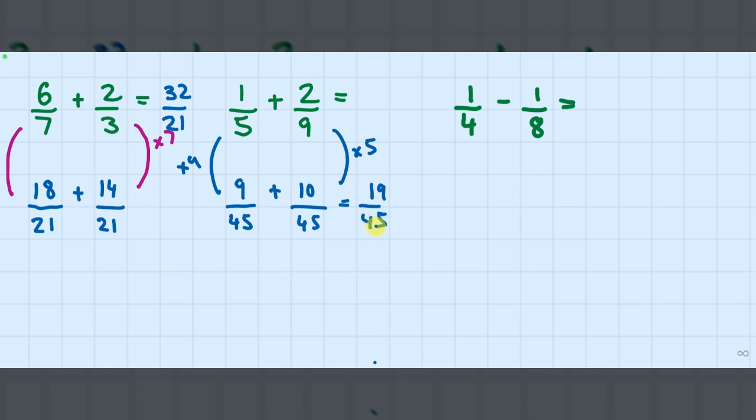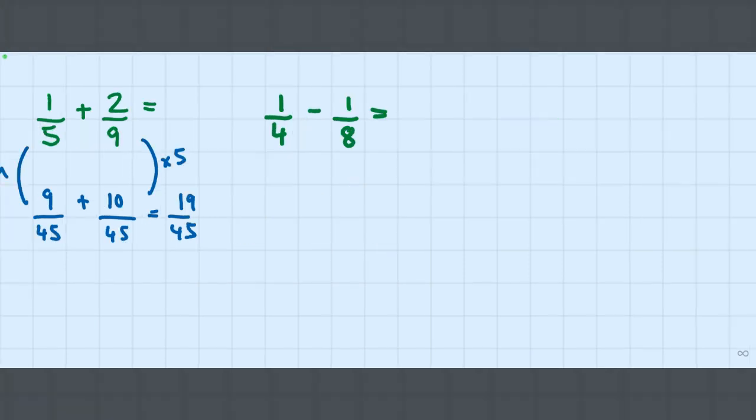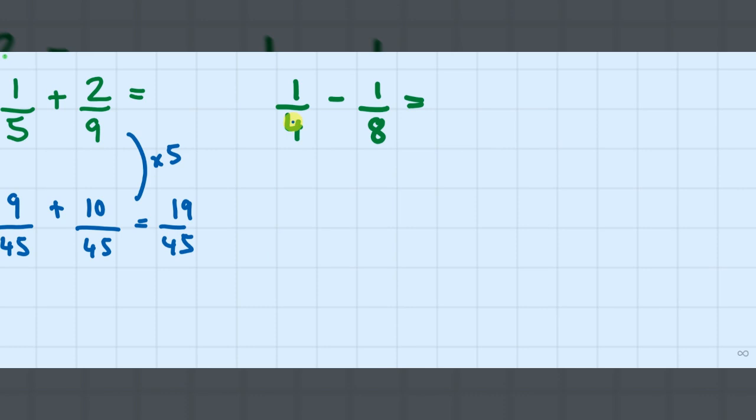Or 19 over 45. This works exactly the same with subtraction. But in this case, you might notice that you won't find the lowest common multiple by multiplying it by 4. You could use 32 as your common denominator, but there is a lower one which would be easier to work with, and it's 16 because it's the first number in the 4s and in the 8s.